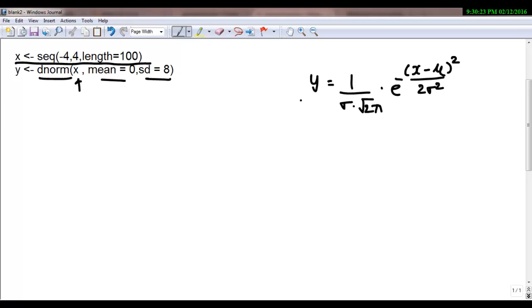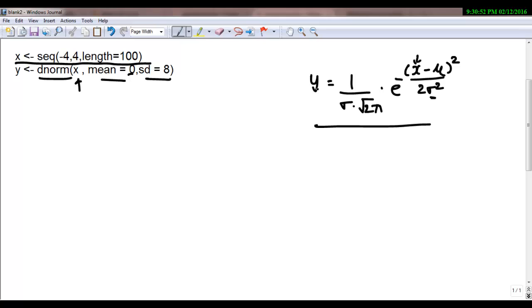So this is the general formula of 1D Gaussian. What this function will do is, one by one, each and every value that is inside the X vector will be substituted over here. The mu value, or the mean value, we have specified over here, and the standard deviation is this value.